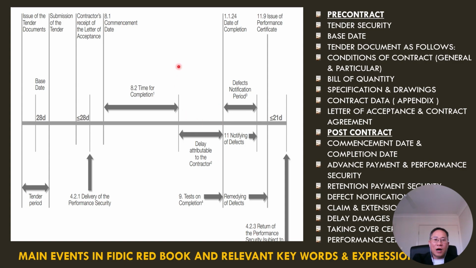And then during the construction period, from here to here, there may be delays attributable to the contractor. For example, delay due to insufficient labor on site, or delay in delivering material on site due to the contractor's late payment receipt.